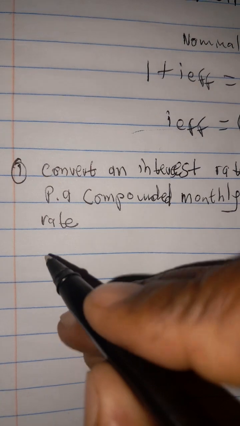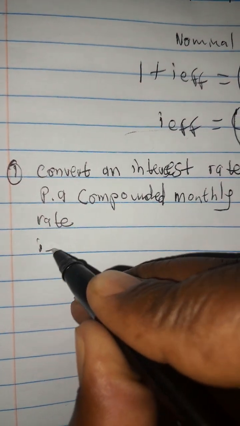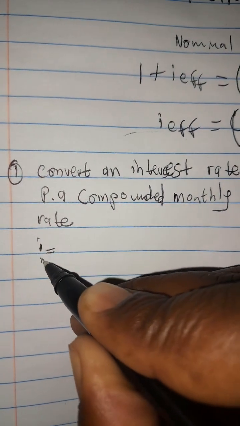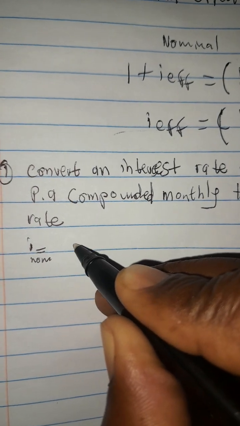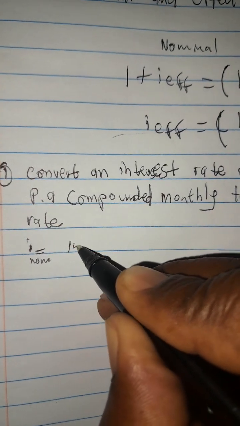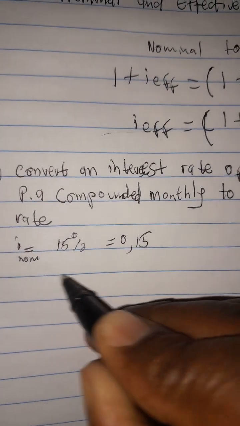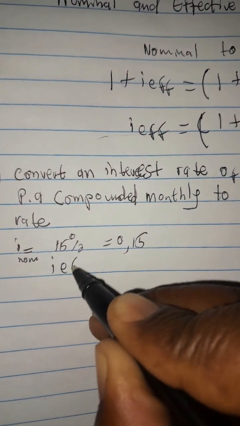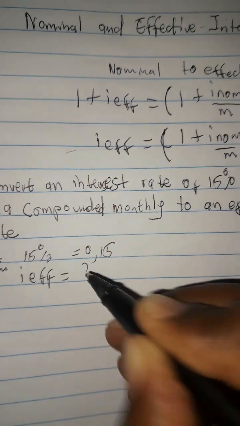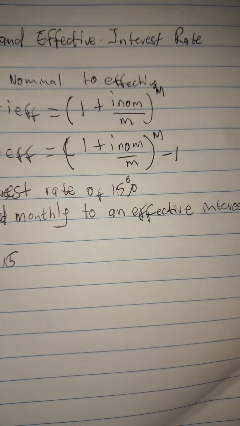Remember that this is an interest, so this is I norm. You have to change it to a decimal, so 15%, you divide by 100. You're going to have 0.15. What we are looking for is I effective in this case, because they said you have to convert this to an effective interest rate.